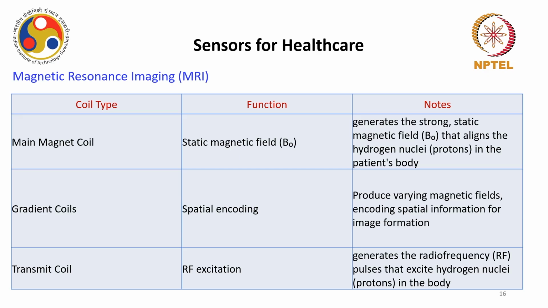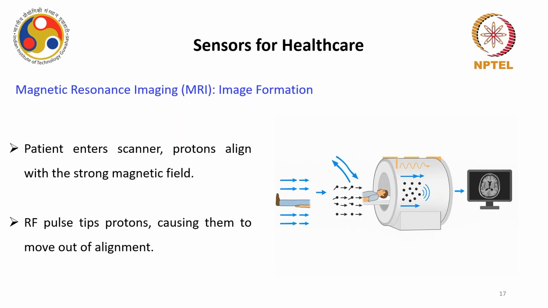Then you have the transmit coil, which functions as the RF excitation, and it generates the radio frequency pulses which excite the hydrogen nuclei present in the body. So the basic steps in image formation, I think, must be clear to you: how MRI uses magnetic resonance for imaging the different types of tissues or internal organs.